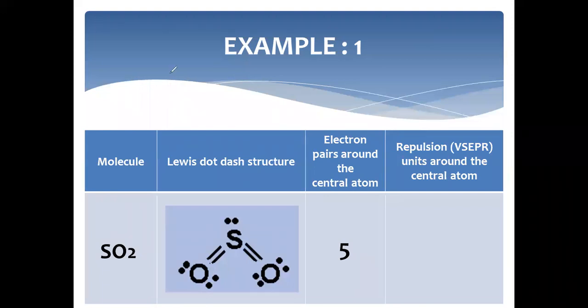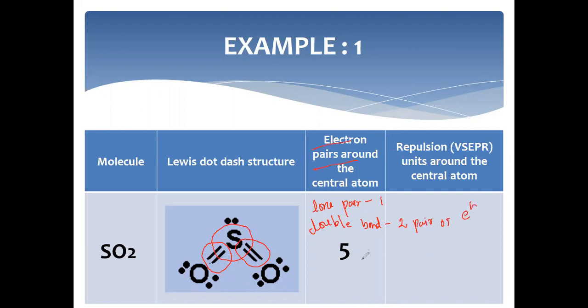Look here. I'm talking about the electron pairs around the central atom. When you take the central atom, you can see there is one lone pair. When you take the sulfur, you have two double bonds. The double bond consists of two pairs of electrons.